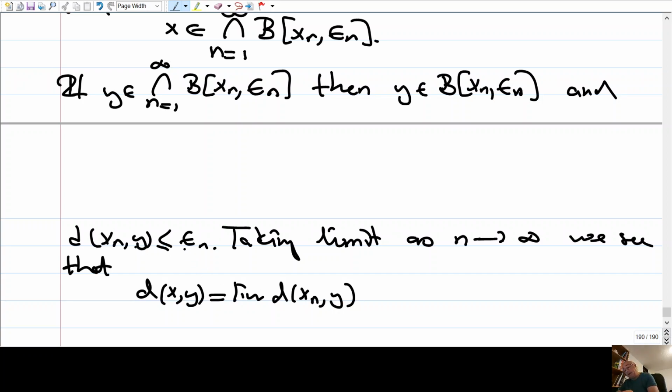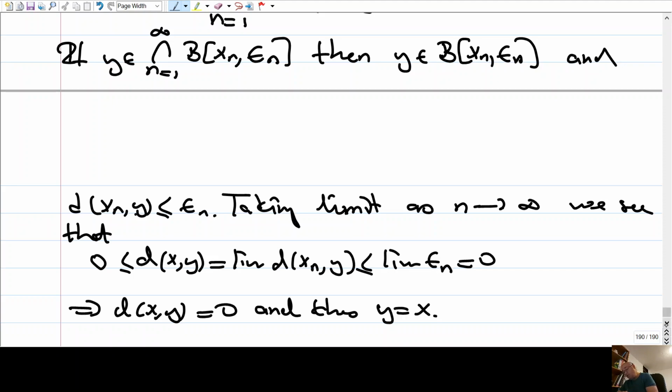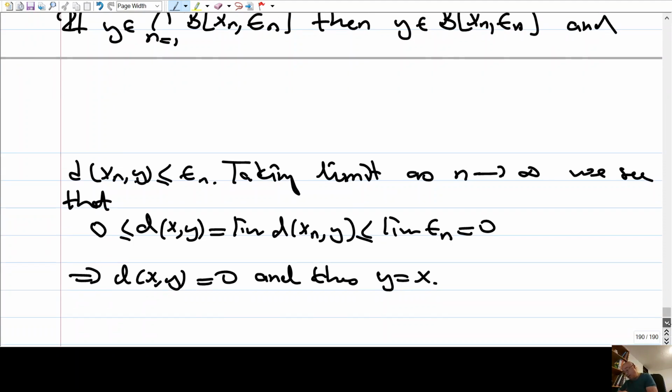And as you take the limit, the limit of epsilon n's is also 0. So in particular, d(x, y) is 0, and thus we see that y equals x. So we are finished, right?